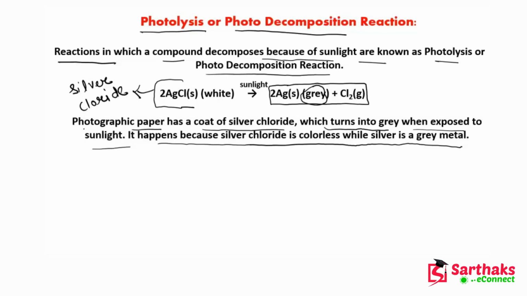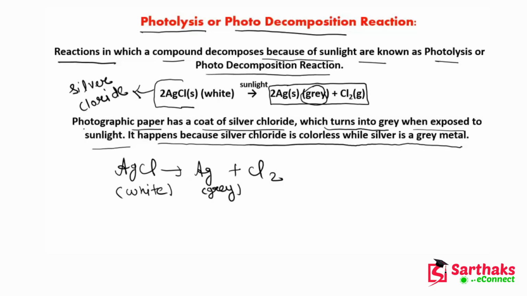In the olden times, you might have seen that photographers worked in a dark room. So why do they work in a dark room? Because if sunlight is present, this AgCl, which is used in photographic paper, will convert into Ag and Cl2. AgCl is white, or you can say colorless, but Ag is gray.